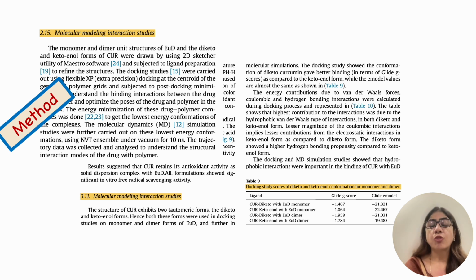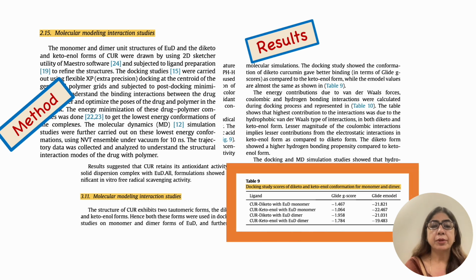Remember that for formulation development studies, polymers replace proteins and drug molecules act as ligands. Docking was performed using the Glide module of Schrödinger and the results are provided in the table.